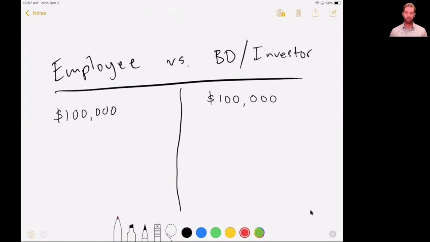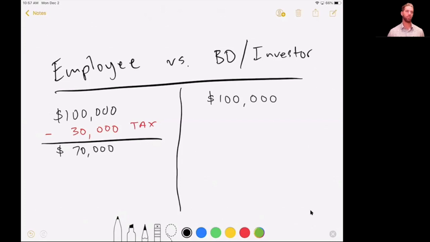As an employee, what's the first thing that's going to come out of this person's wage or paycheck or income? It's going to be tax. We're going to call it 30%. So $30,000 is gone right off the bat because of the amount of tax that is being paid. That's going to give this person about $70,000 left over in income, take-home pay. Now, after that $70,000, what does this family or individual need to do?